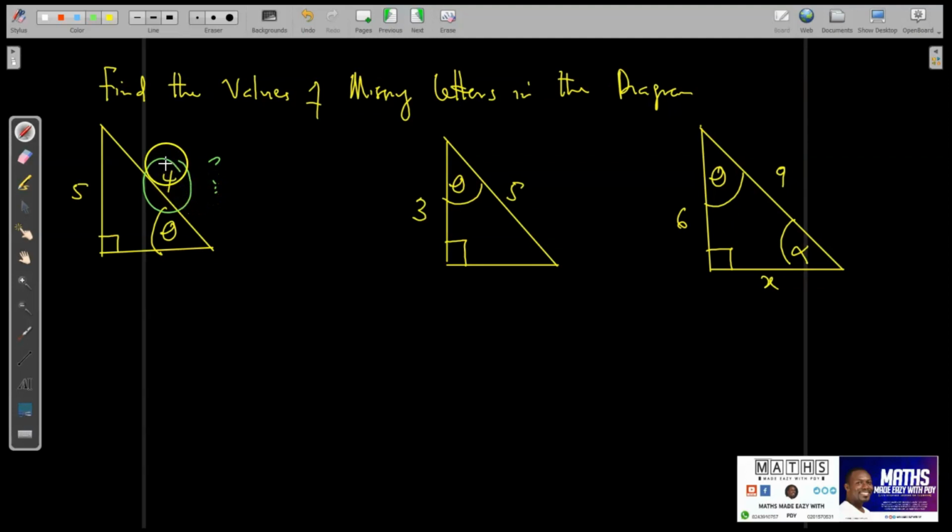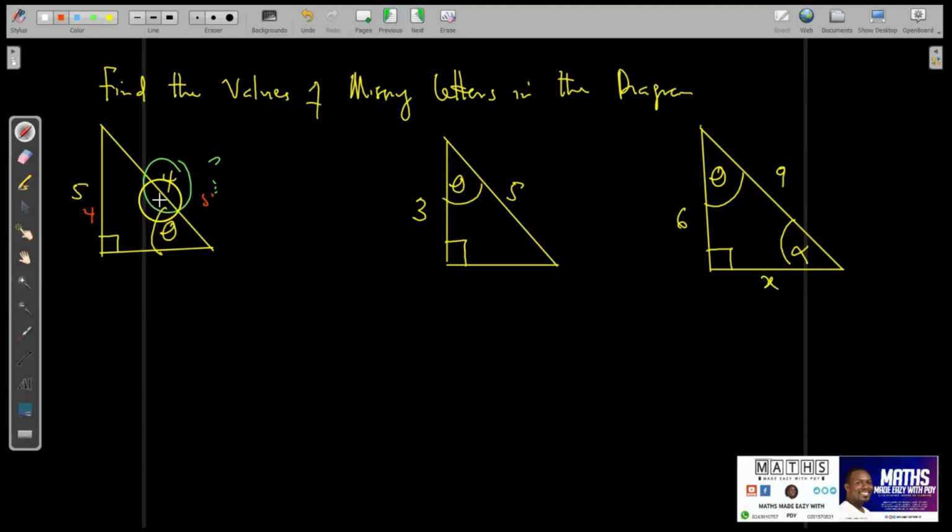But if I change the values there and bring the 5 here and put the 4 there, the tool which is advisable to use to find the angle theta will automatically be the sine ratio. Why the sine ratio?